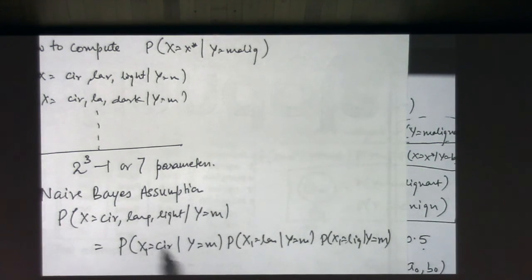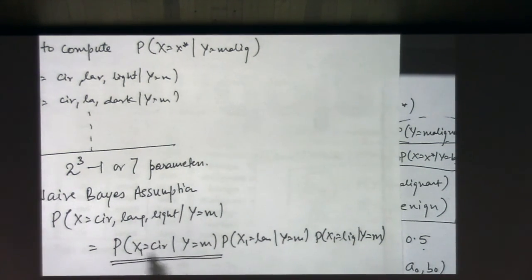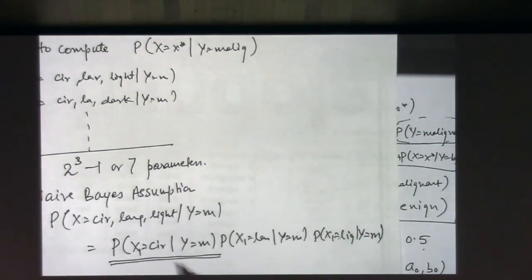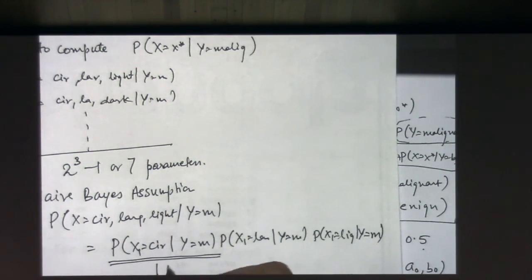So now what is this, right? This is a probability distribution of a binary random variable which only needs one parameter, right? Because it can take only two values, and one of them will be one minus the other, right? So you just need one parameter here, plus one parameter here, plus one parameter here. So you just need three parameters.